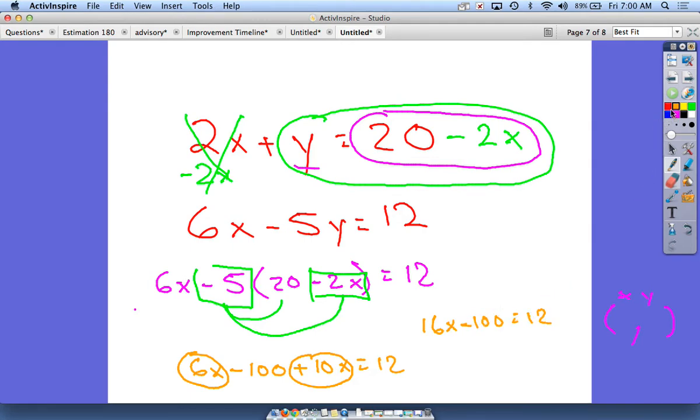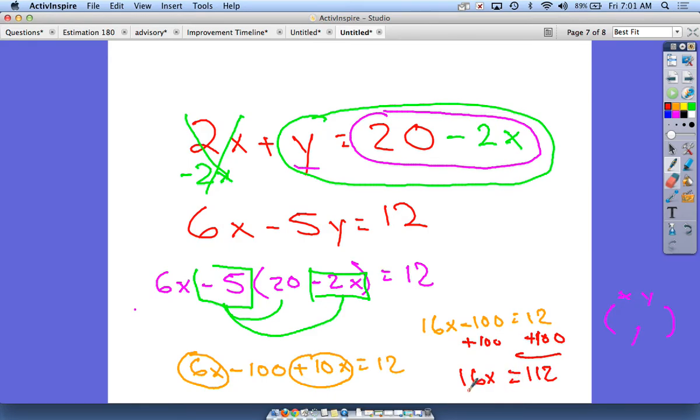Now I want to get x by itself on a side, so I will add 100 to cancel that out. And I will add 100 over here. So now I have 112 equals 16x.